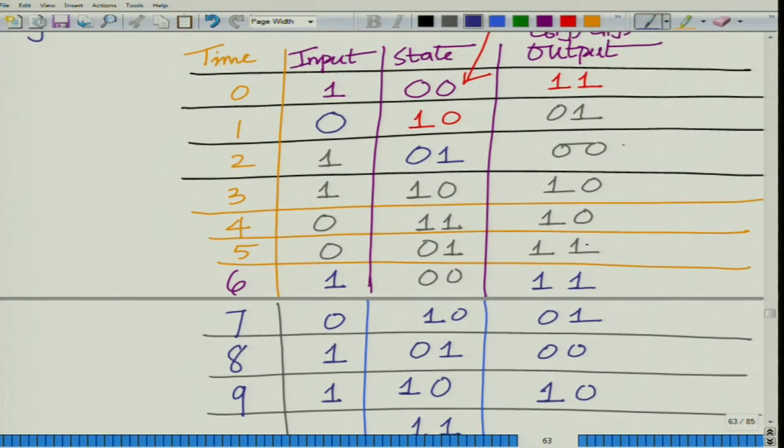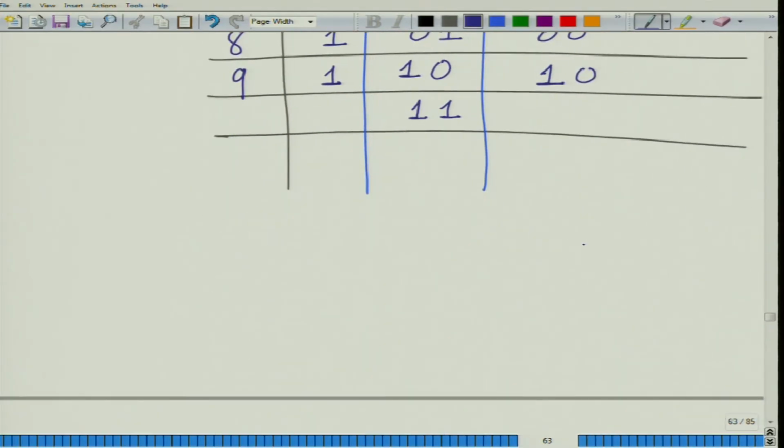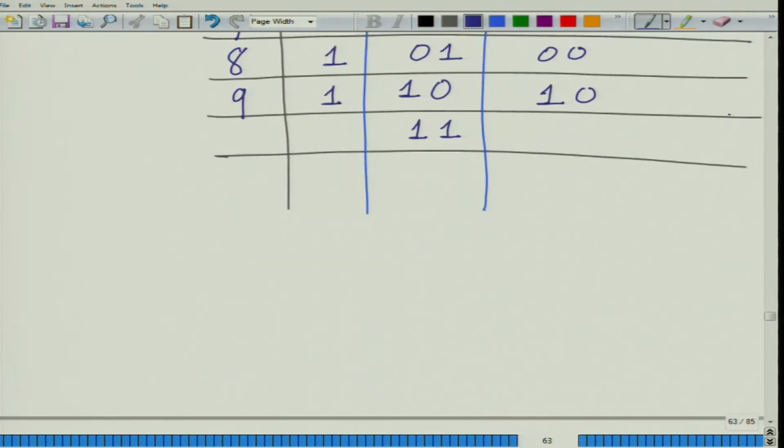Now let me just quickly check that I have not made any mistakes. You can check it again to verify. You can see this column corresponds to C0 and this column corresponds to C1. So let us write down C0 and C1.